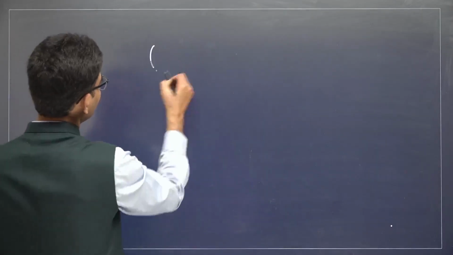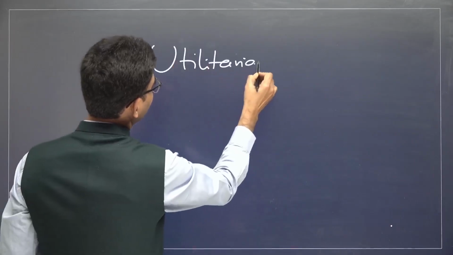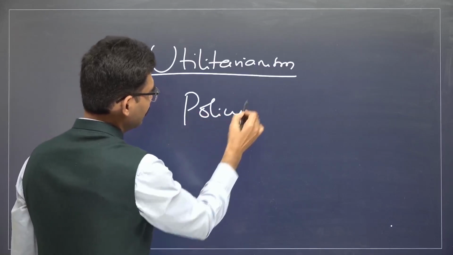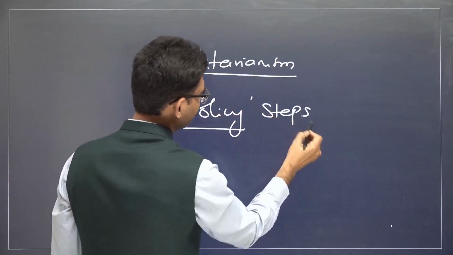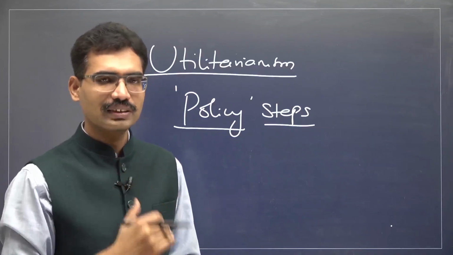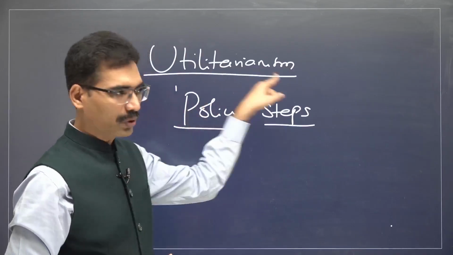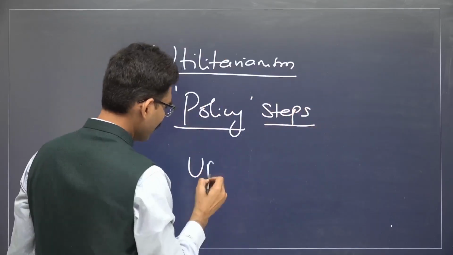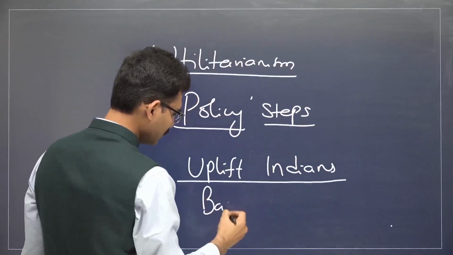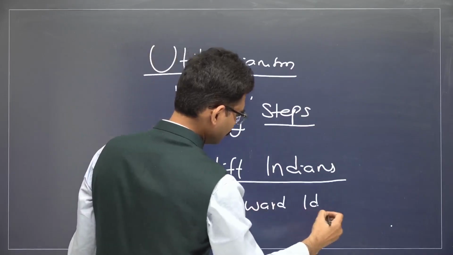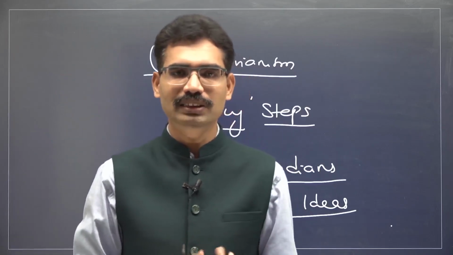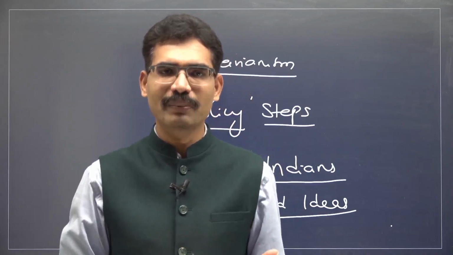That is where utilitarianism comes in. It means English people must take policy steps. In India, East India Company officials are there. This philosophy encourages these administrators to take policies in such a way that they uplift Indians, who believe in backward ideas that in the previous class we have seen, like the caste system, untouchability, slavery, sati, and child marriage.